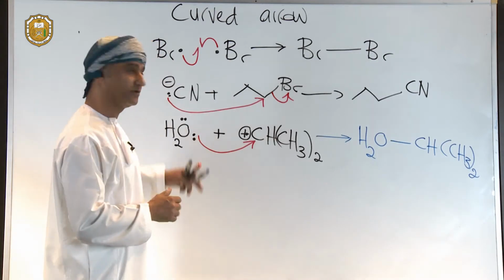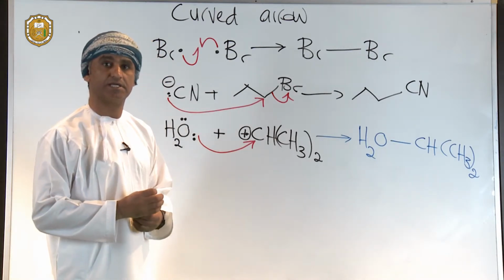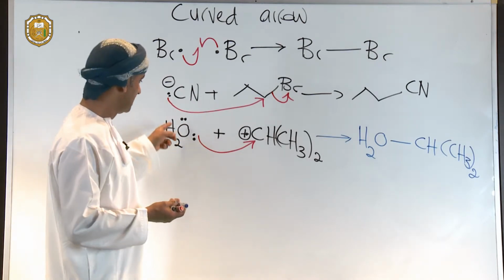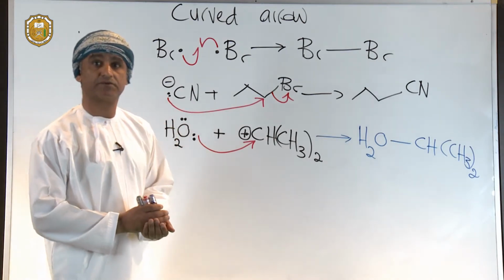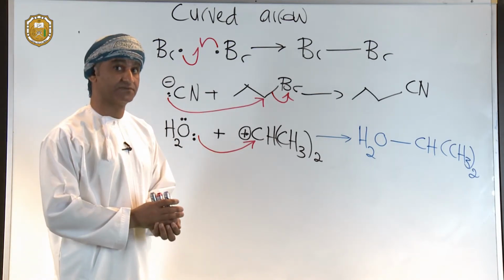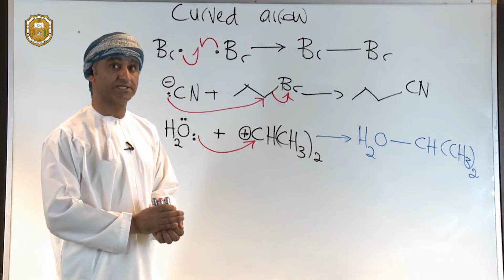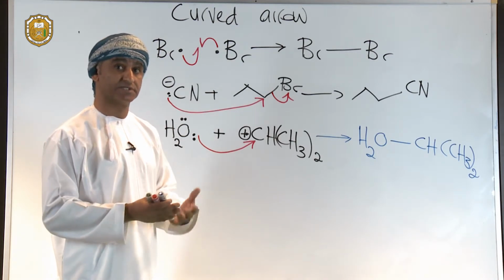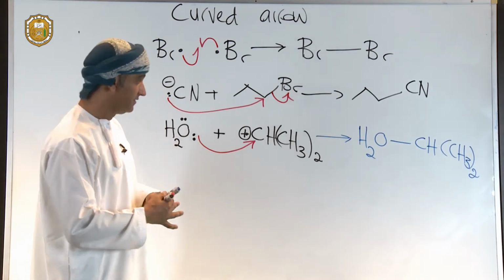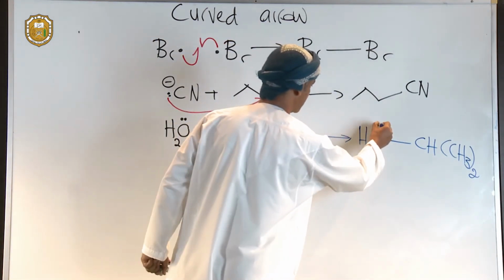The formal charge of oxygen here is actually 0 because it has 6 valence electrons, 4 non-bonding electrons and 2 bonding electrons. That's 6. If you subtract 6 from the usual number of valence electrons of oxygen, you get 0. So 6 minus 6 is 0. The formal charge in this case is 0. If you look at this oxygen, it has a lone pair.